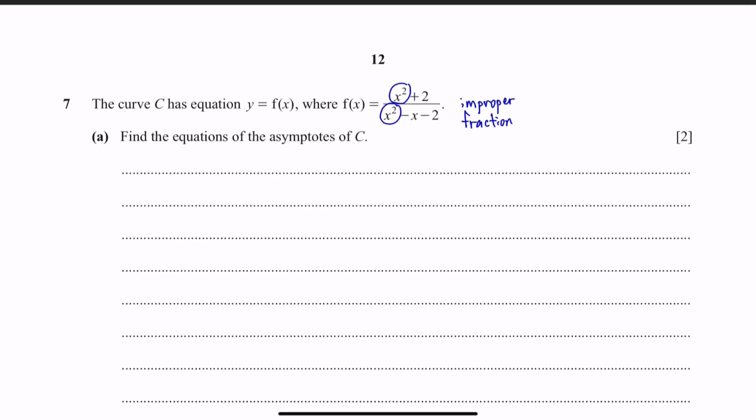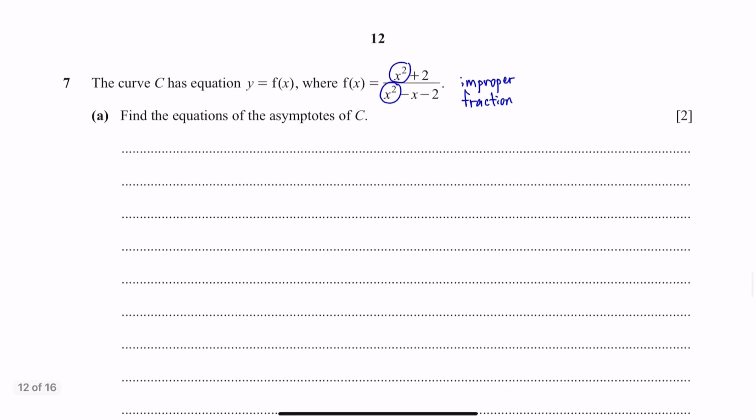So to find the asymptotes of improper fractions, we need to change it to another form for the fraction. So x squared plus 0x plus 2. Why do I write the 0x even though it's not in here? It's easier for us to divide it later. I'll show you guys.